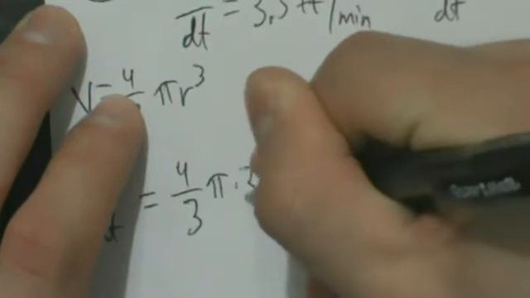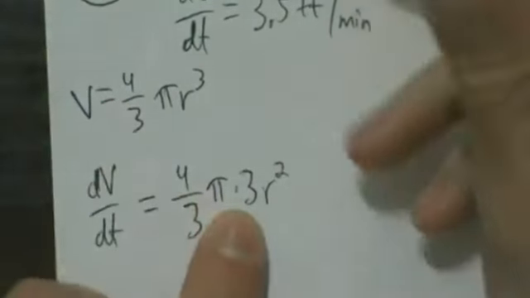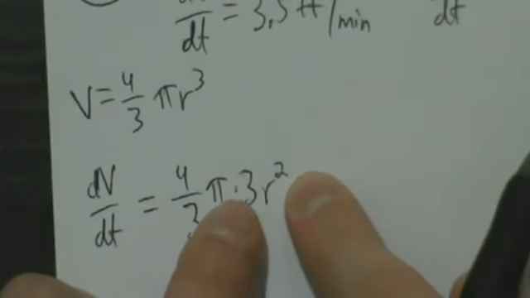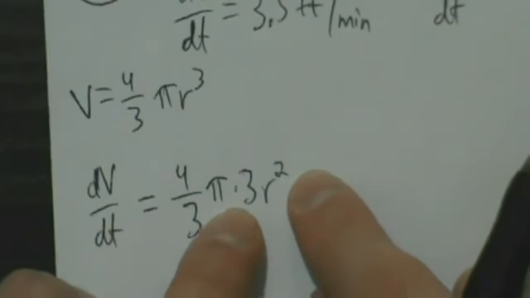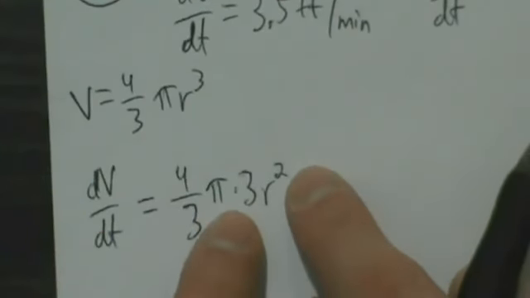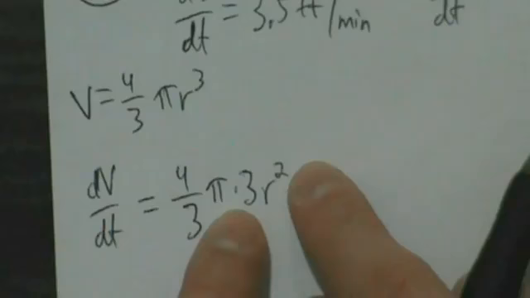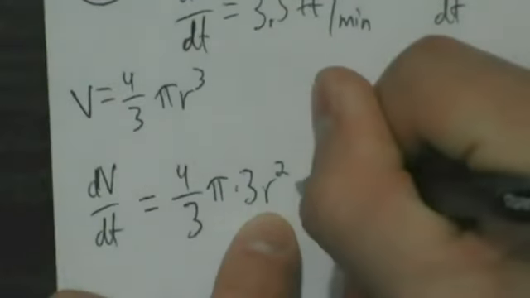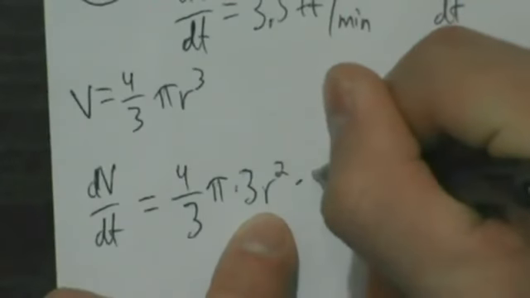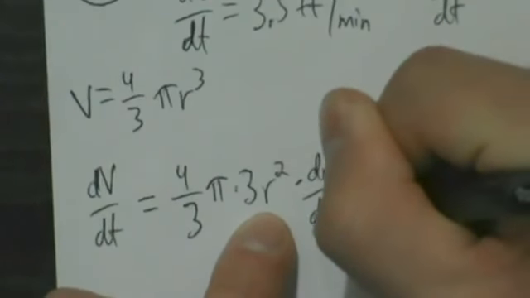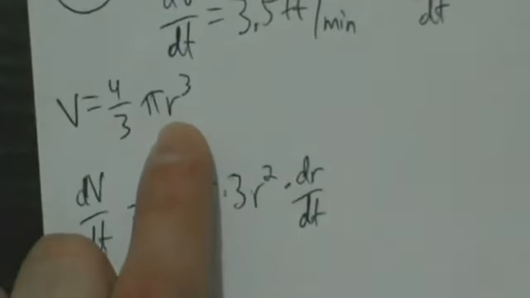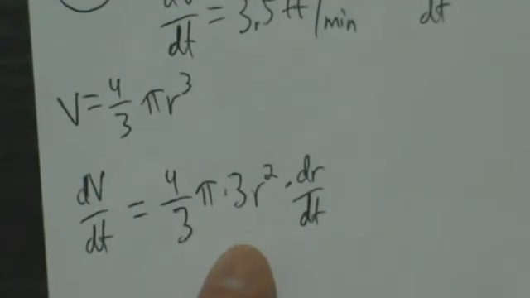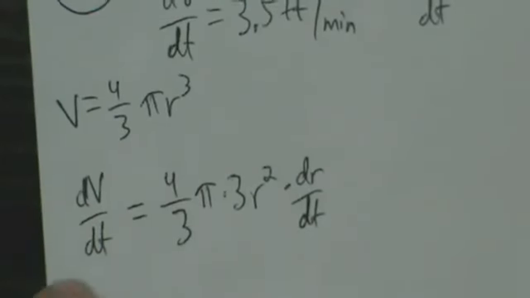That gives us 3r squared. The 3 and the squared are the derivative of the big guy, because the big guy is cubing, evaluated at the little guy, which is r. And then multiply by the derivative of the little guy, which is dr/dt. So again, if we implicitly differentiate r cubed with respect to t, we just get 3r squared dr/dt.